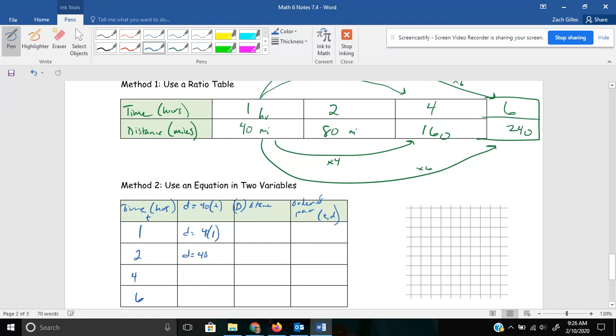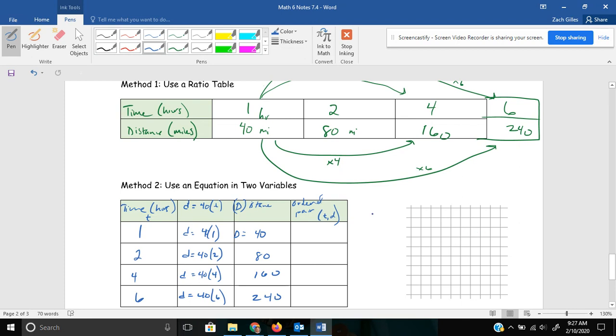Distance equals 40 miles per hour times 2 hours. Or maybe I'm talking about a situation with 4 hours or 6. Okay, 40 times 1, the distance traveled would be 40 or 80 or 160 or 240 miles, just the same as what I have up here from my ratio table.